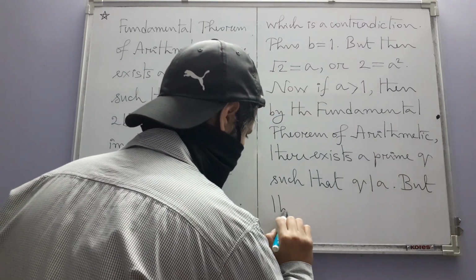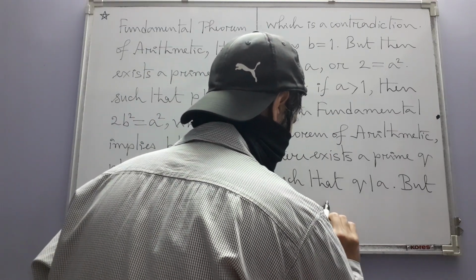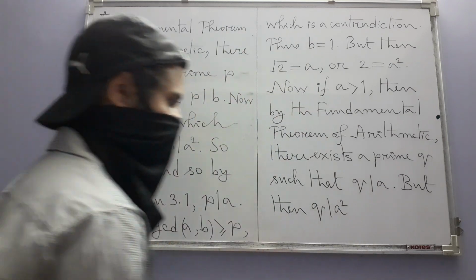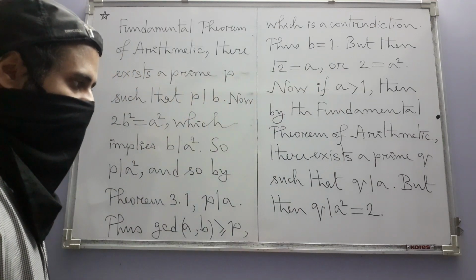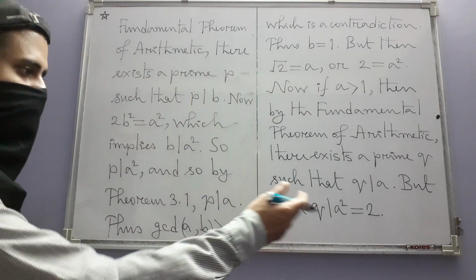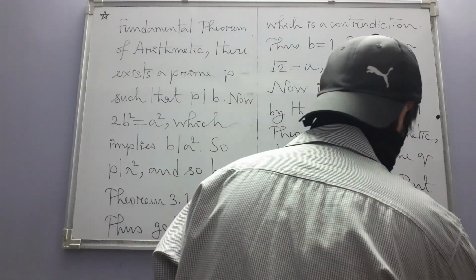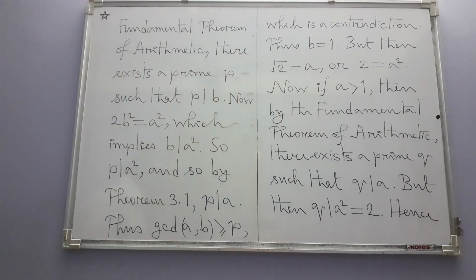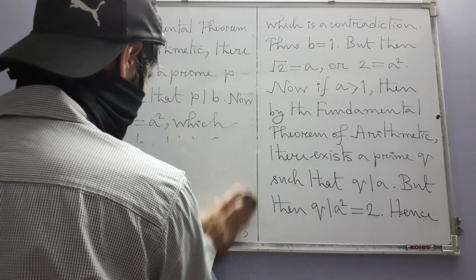But then q divides a square as well, which is 2. But q is a prime and q is dividing 2, which itself is a prime. So there is only one choice left to us, namely that q is equal to 2.